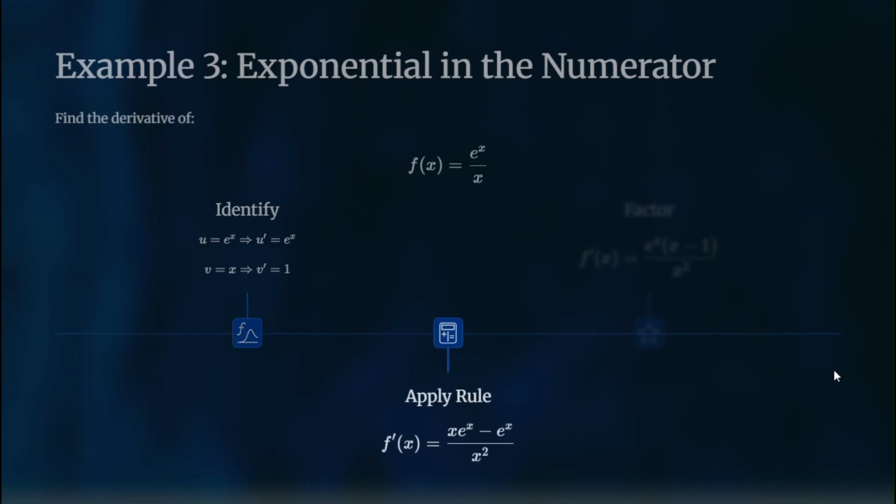Applying the rule, f prime of x, that is the derivative of f of x, will be equal to u prime, which is e to the power x, times v, which is x, minus u, which is e to the power x, times v prime, which is 1, over v squared, which is x squared. We can factor out e to the power x, so f prime of x will be equal to e to the power x times x minus 1 in parentheses divided by x squared.